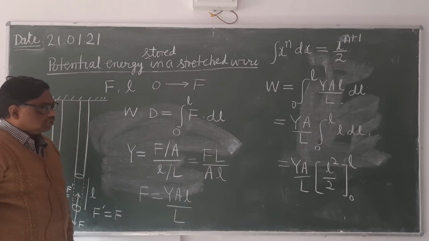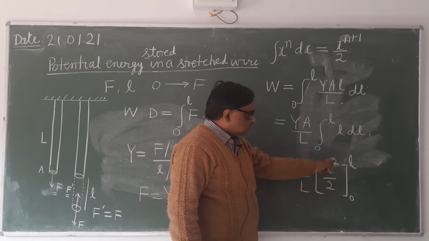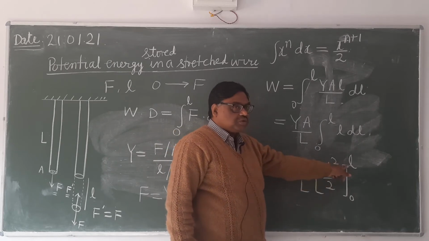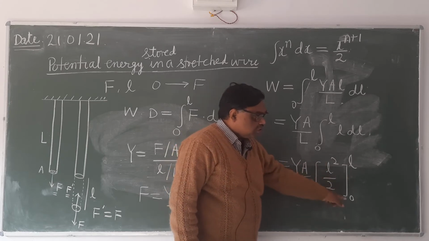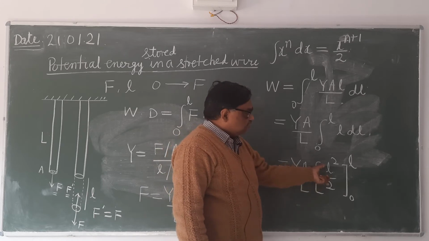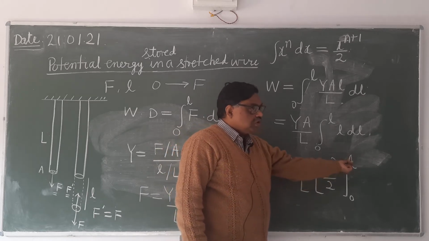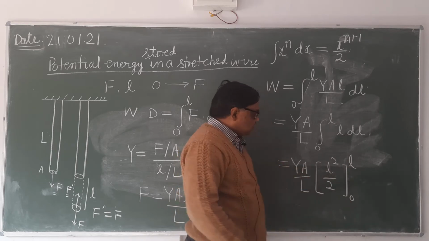Now we will substitute the limits. So its value when small l equals to this, minus its value when small l equals to 0. How will you simplify? Its value when small l is equal to this, minus its value when small l equals to 0.